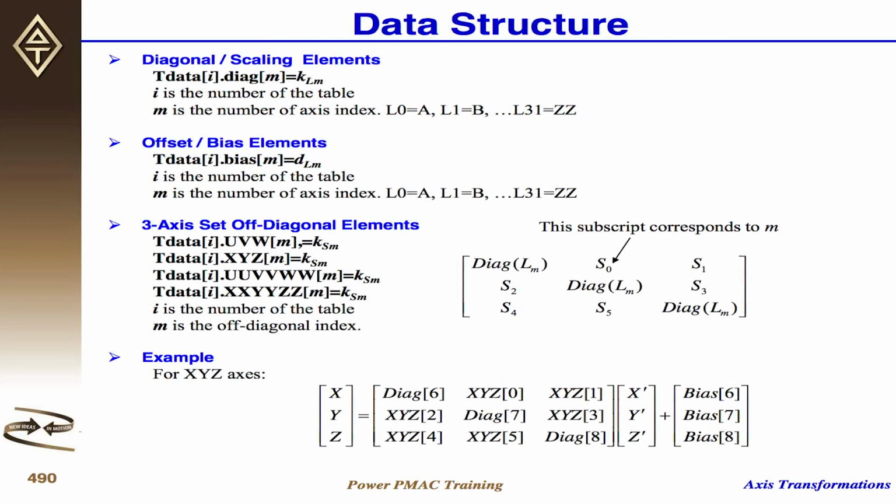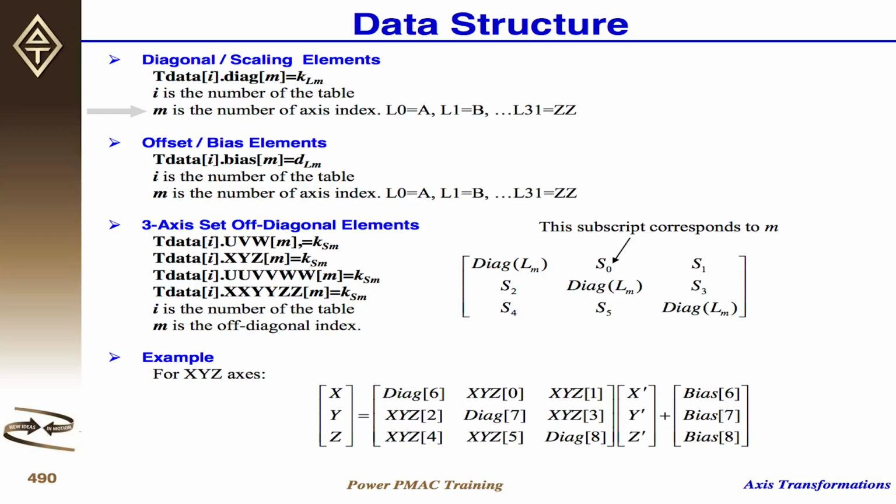So let's introduce the elements. As you can see in the previous slide, all the diagonal elements are the scaling part. The scaling part is defined by this structure. It's called T data I, diagonal M. The T in T data means the table, I. So you can have a lot of different tables.